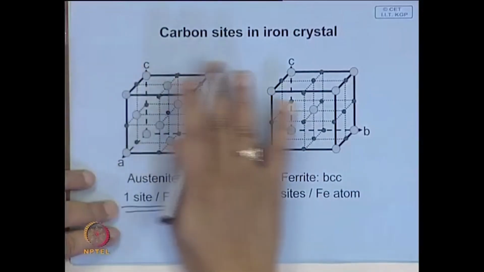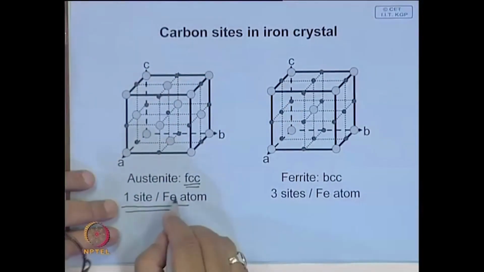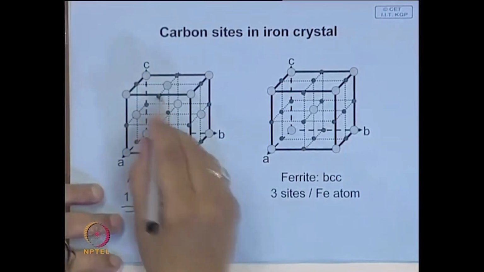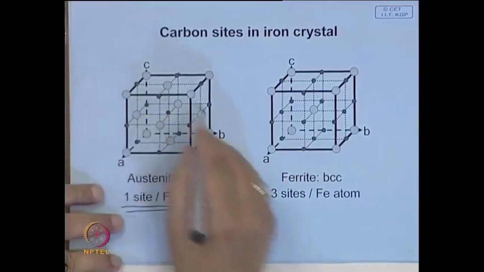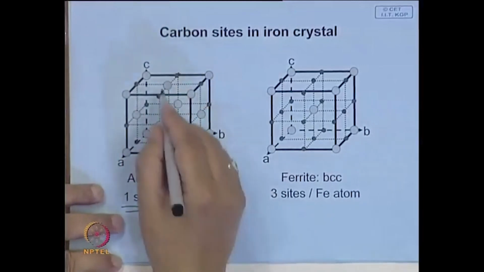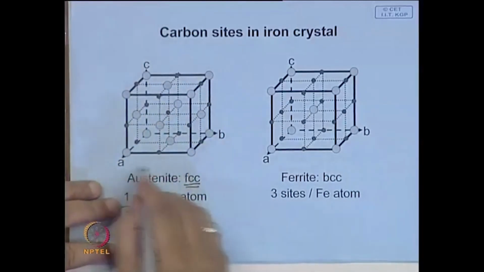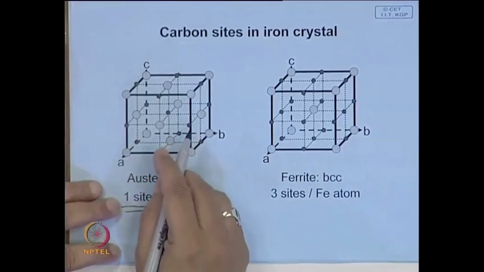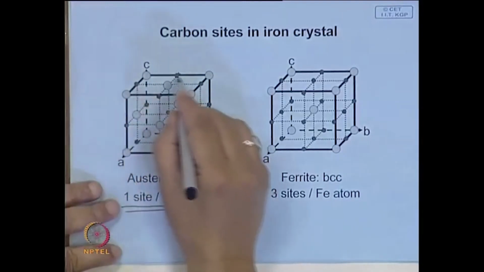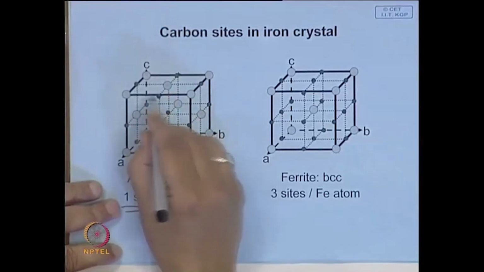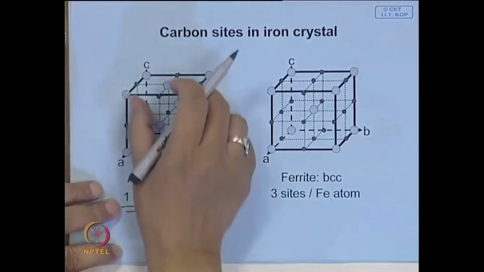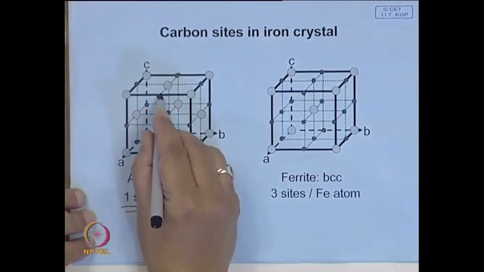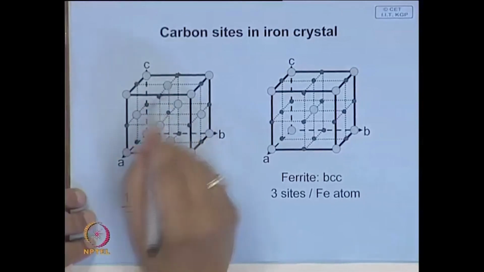So, you have a very large number of sites available, but it is worth looking at how many carbon atoms you have. If every site had a carbon atom, the atomic percent solute could go up to 50 atomic percent, which never happens. It cannot accommodate so many, because if you look at the dimension of these interstitial sites, they are not large enough to accommodate a carbon atom without lattice distortion.